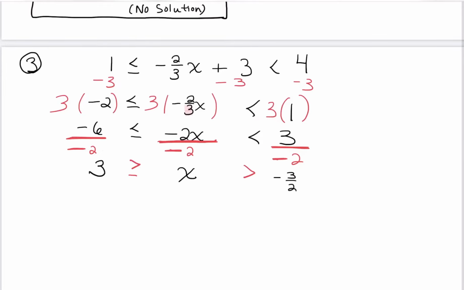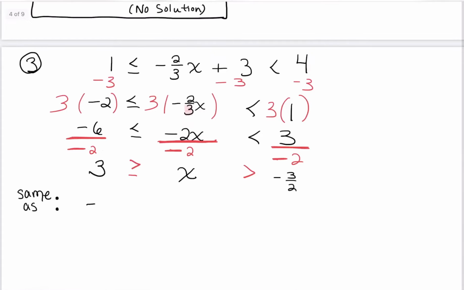Okay, now that is perfectly mathematically correct. It's saying 3 is bigger than or equal to my answers, x, is bigger than negative 1 1/2. But sometimes it's nice, rather than writing it from greatest to least, let's just observe that this is the same thing if I wrote it from least to greatest. So if I started down here from the perspective of the negative 3/2 and then go in this direction, that's what I'm doing here.